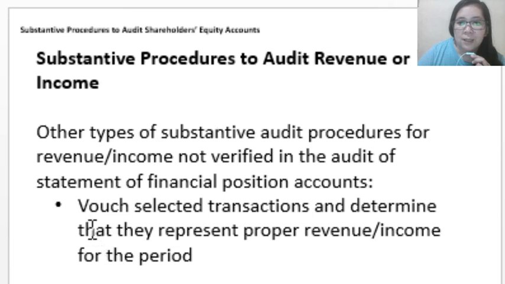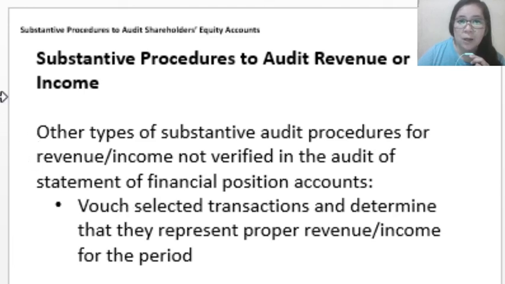Another is the auditor can also vouch, meaning he will select transactions from the books of record and determine, using the source documents, if they represent proper revenue or income recorded for the proper period.